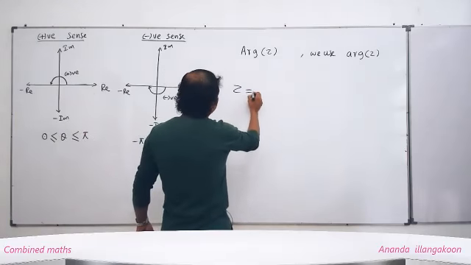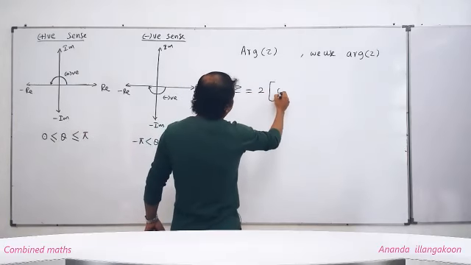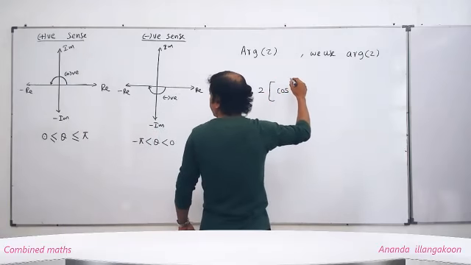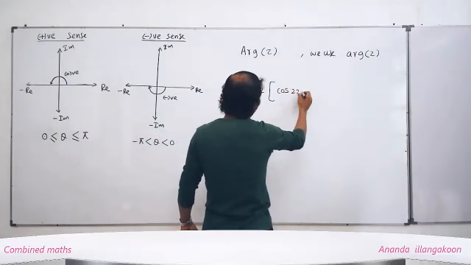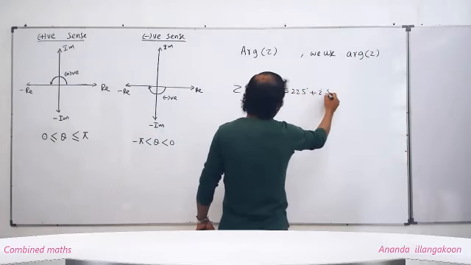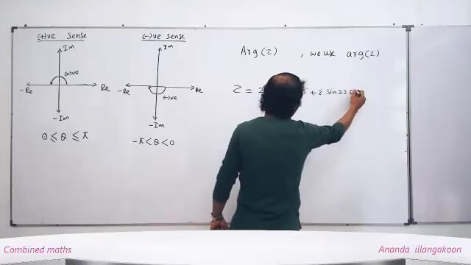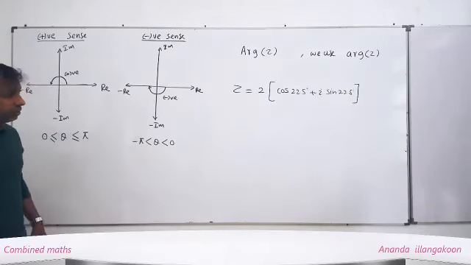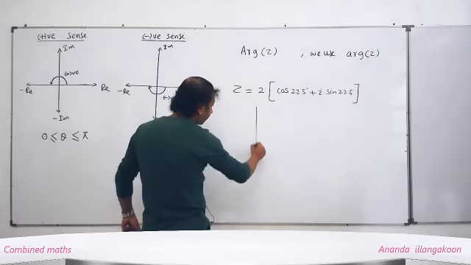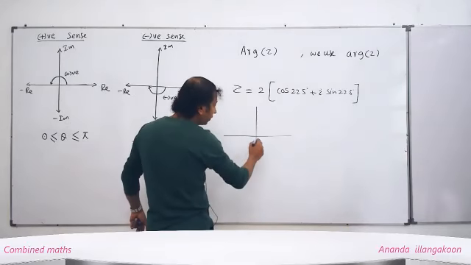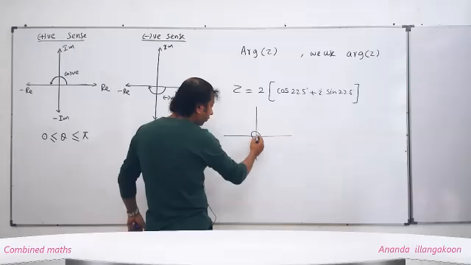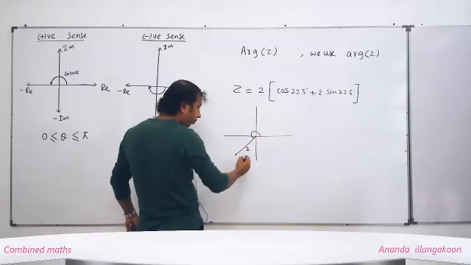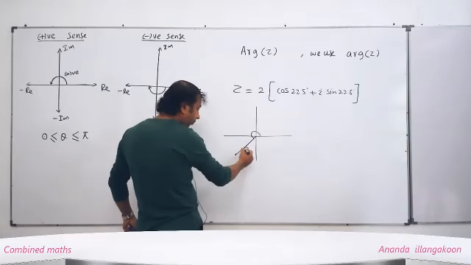Now people, think this way. Z is a complex number 2 times cos 225 plus i sin 225. People, can you tell me where this complex number is? This complex number is in the third quadrant. 180 up to here, 225. This is the complex number. Then this 2, then the line segment is this.